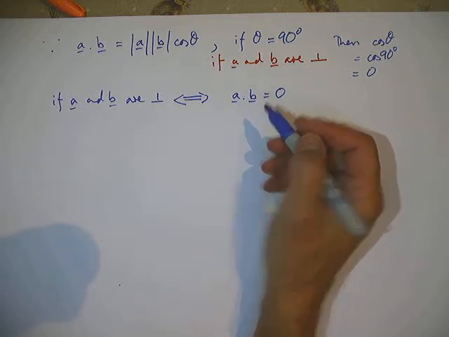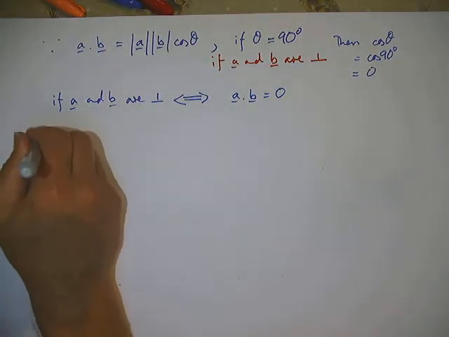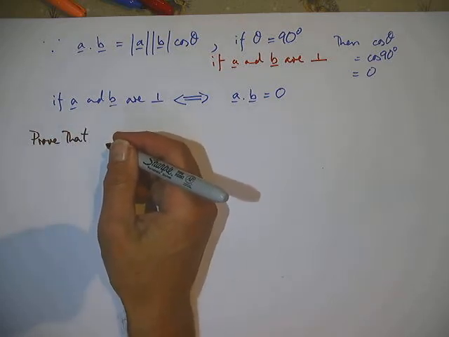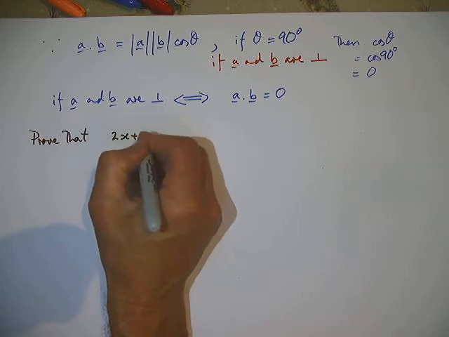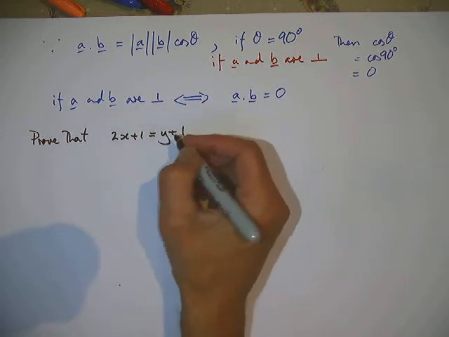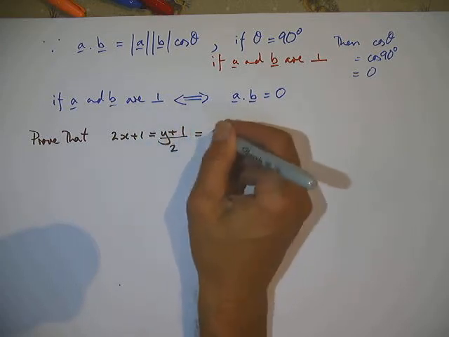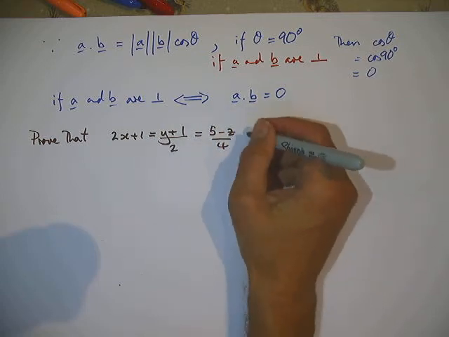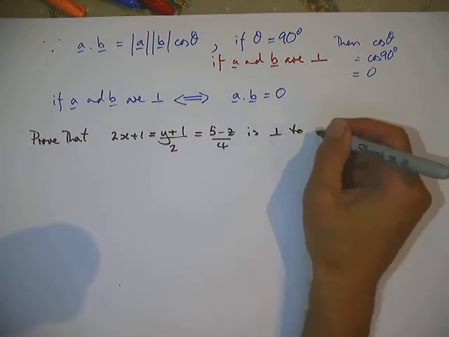They've got an example. Let's work our way through this one. Prove that this line, (2x + 1) = (y + 1)..., is perpendicular to this line.